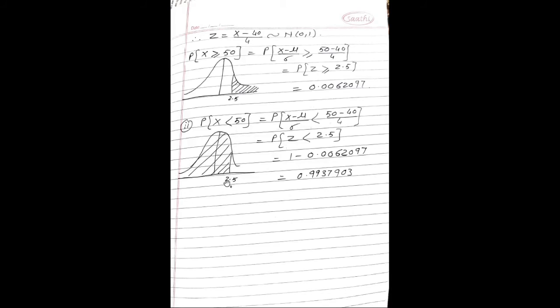But we know that if I see the value of 2.5 in the 0 column, the value which I am getting is the tail part. So this part I am getting as 0.006297. But the shaded portion I want, so the probability can be written as 1 minus 0.006297, which is equal to 0.9937903.